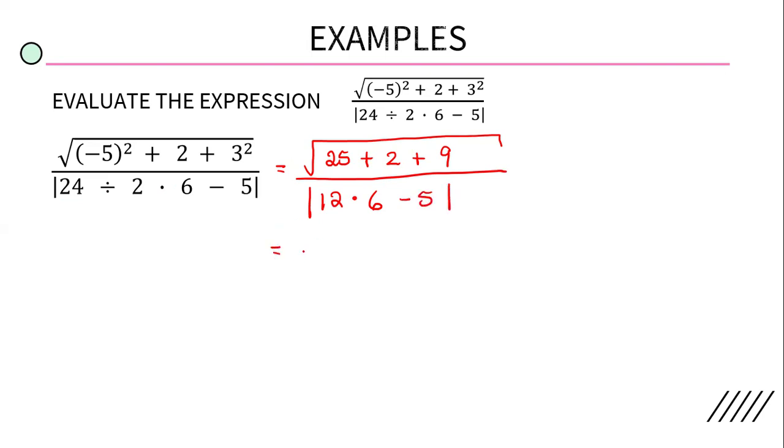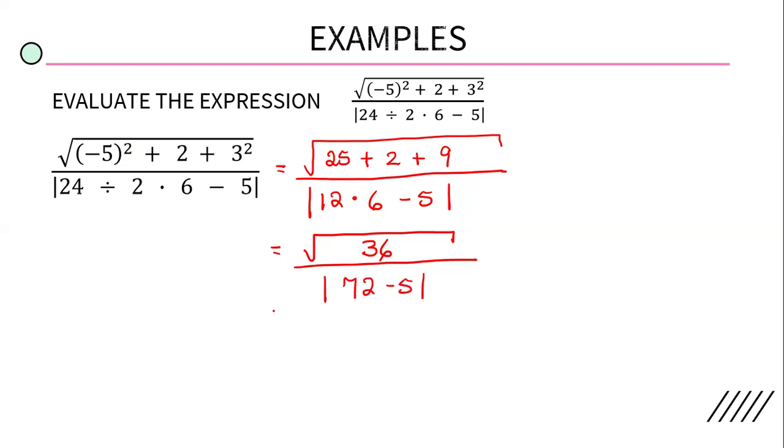Dealing with our numerator first. Because we only have positive signs, we can just go ahead and add all 3 of them together. 25 plus 2 plus 9. 25 plus 2 is 27. 27 plus 9 is 36. We now have the absolute value of 12 times 6, and 12 times 6 is 72.